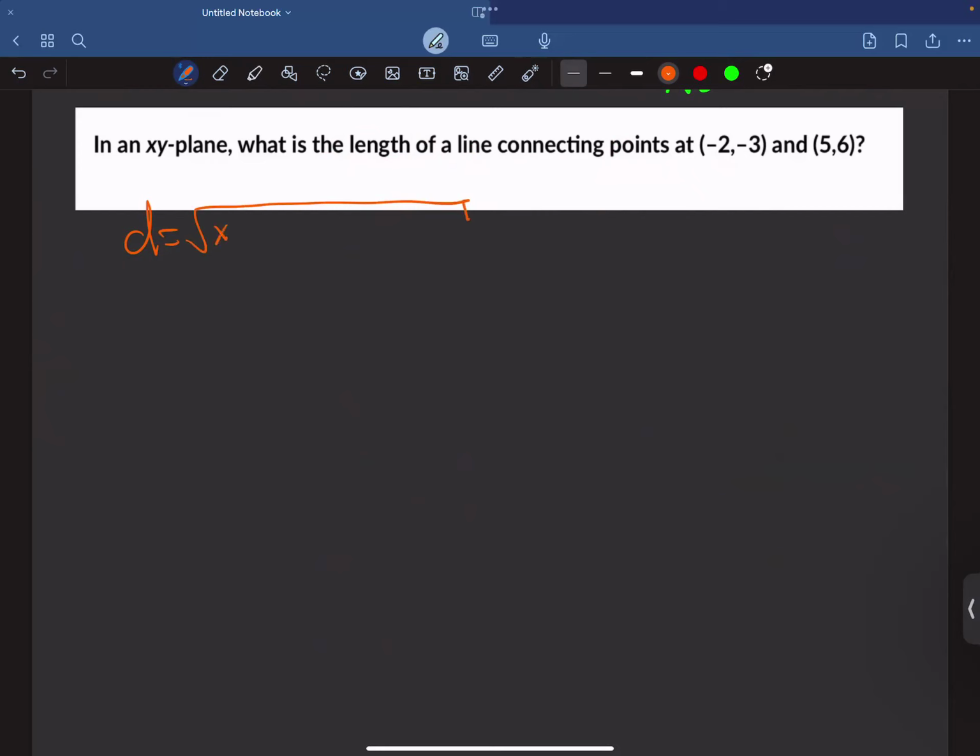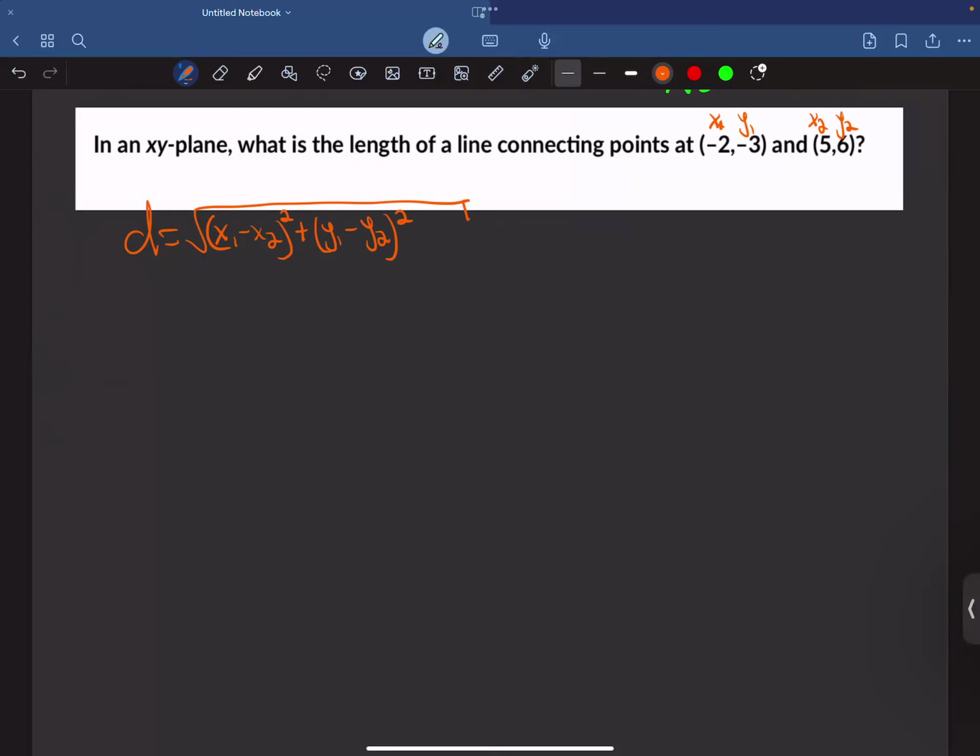This one is much more straightforward, a little bit easier to deal with. Let's go ahead, just for continuity purposes, and label this. All we have to do now is substitute these numbers and simplify our square root.